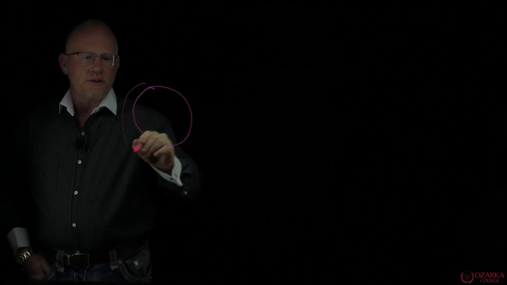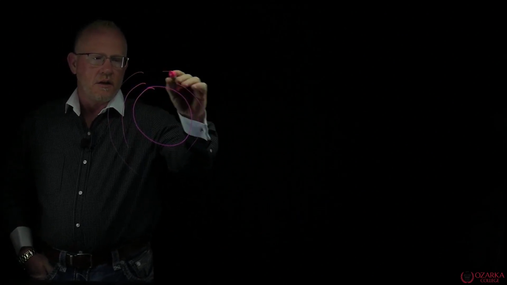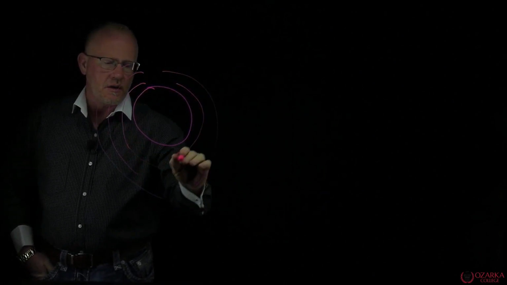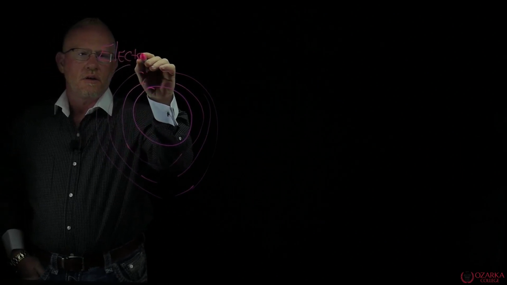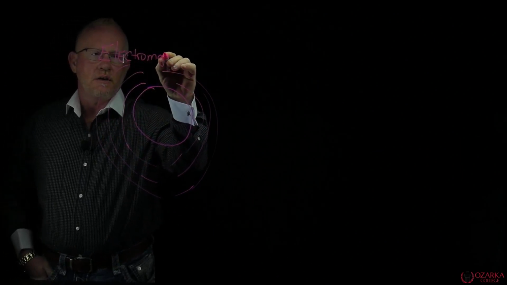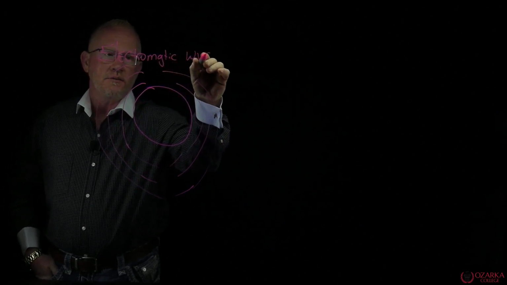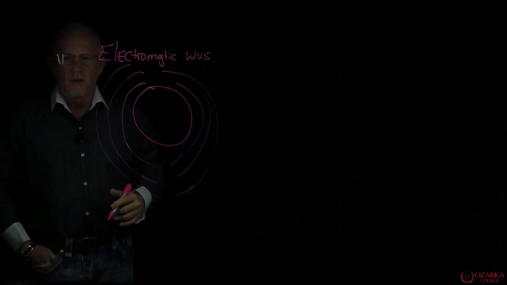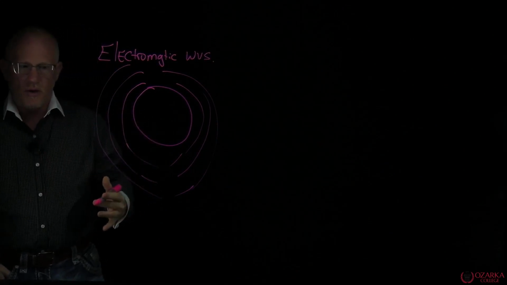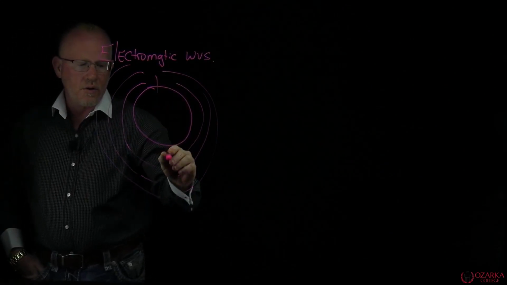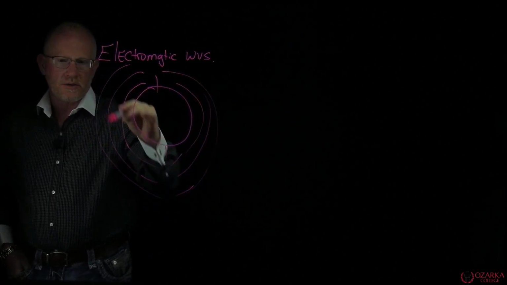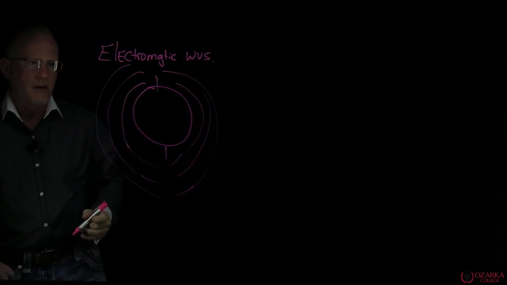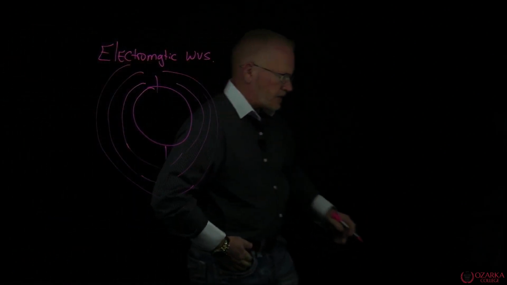We know that the Earth is surrounded by electromagnetic waves. We have a pole here and a pole here, and these things go outwards and surround the Earth around the poles. Okay? So I want you to think of it this way.